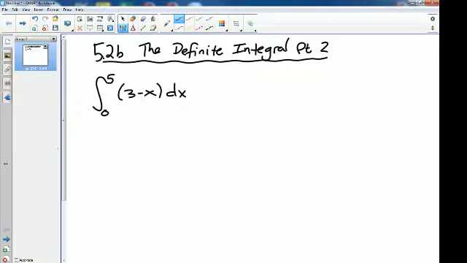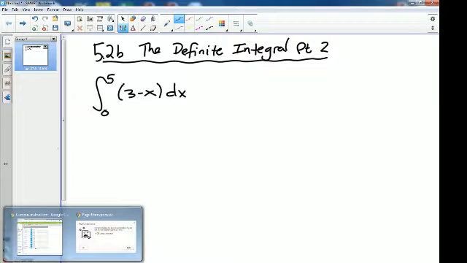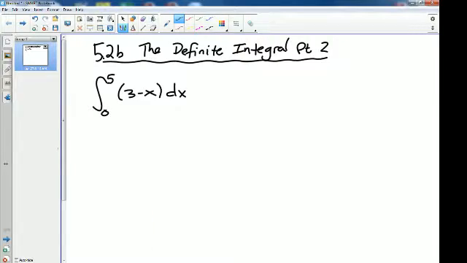Okay, so number 6, this means calculate what? Geometrically, if I were to explain what this means, what would it be? The integral from 0 to 5 of the function 3 minus x. Okay, good. It's an area calculation.